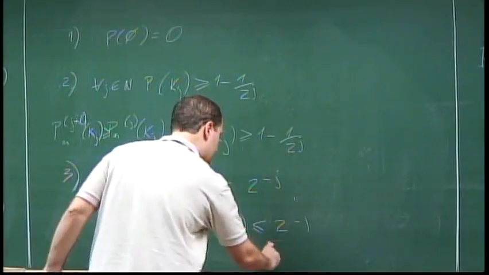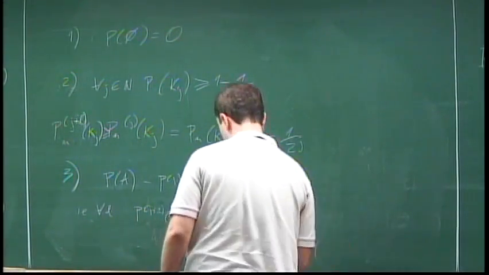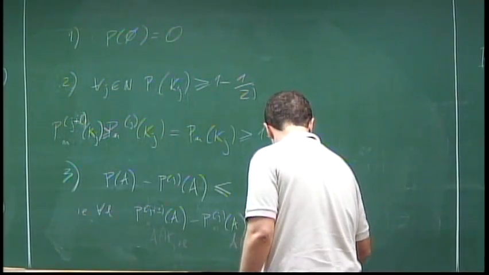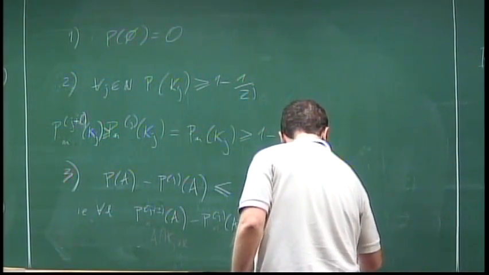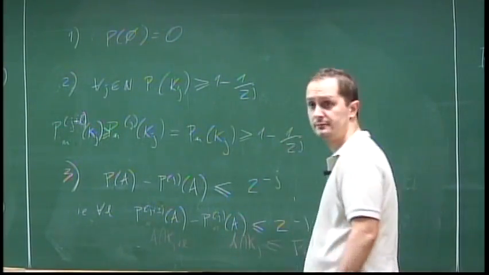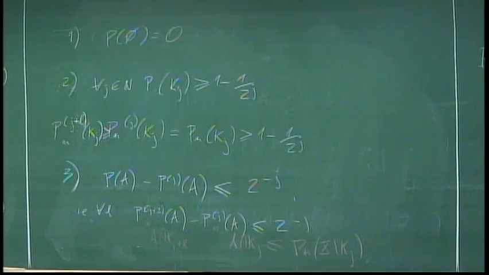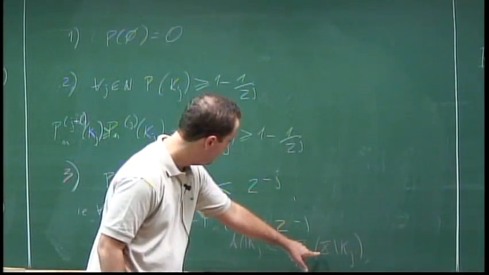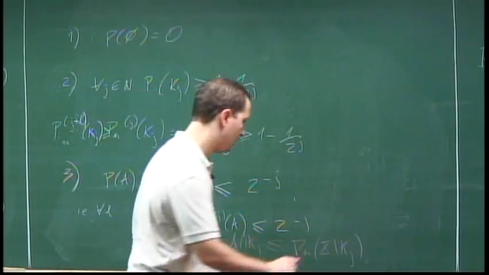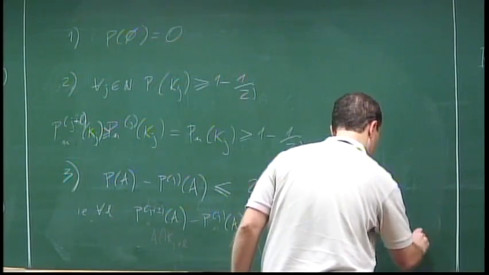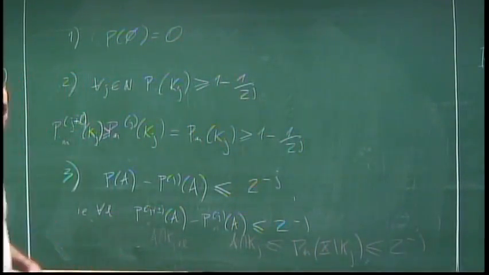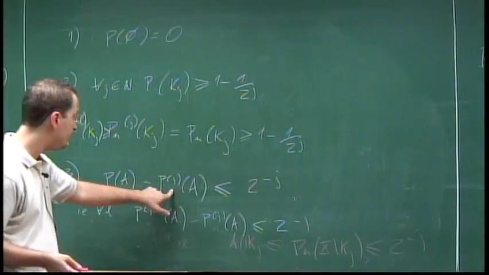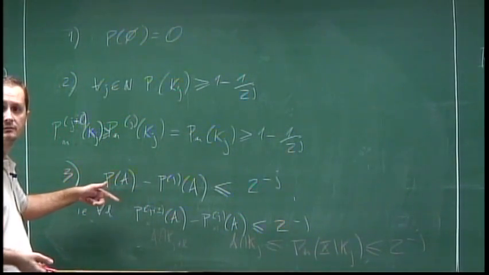And this difference here is less than Pn of everything minus Kj, and this is, by the choice of Kj, less than 2 to the minus j. So we can say that the convergence of Pj to P is uniform.